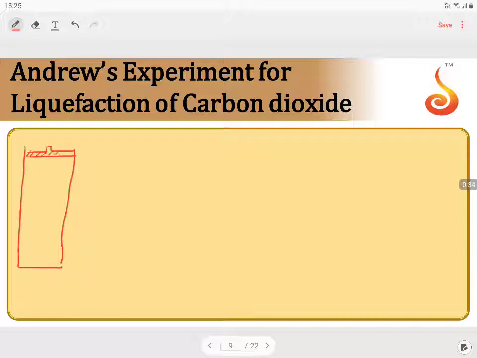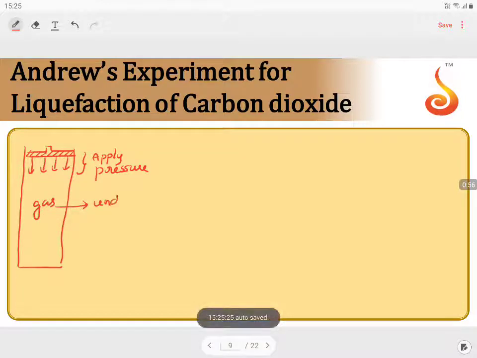Now what you will do is apply pressure on this gas, moving from low pressure conditions to high pressure conditions, such that the gas present over here will continuously undergo compression.